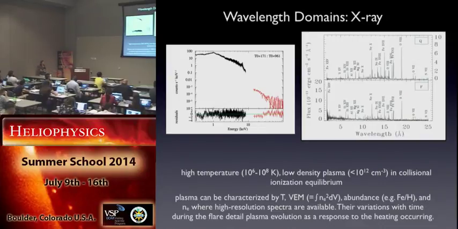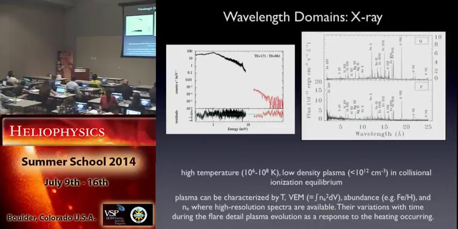So when you look at these spectra, this is an example of a large flare seen over a range of a couple decades in energy, from the soft X-ray regime to the hard X-ray regime, at relatively low spectral resolution. On the right, you can see the spectrum of a flare and the quiescent emission from this star at higher spectral resolution with Chandra, where you can see actually individual lines plus an underlying continuum.